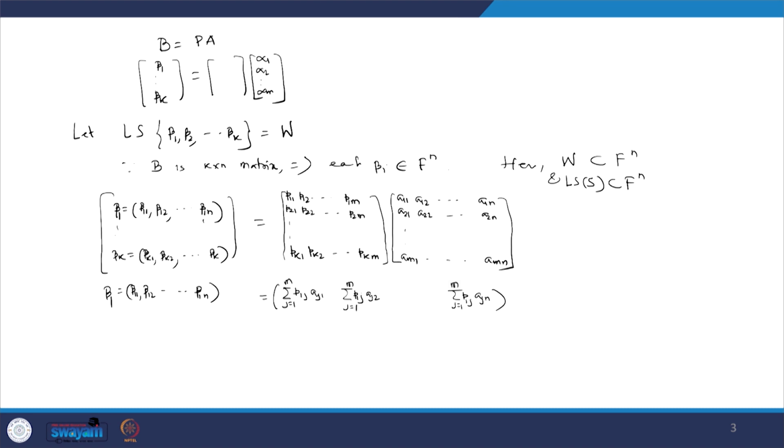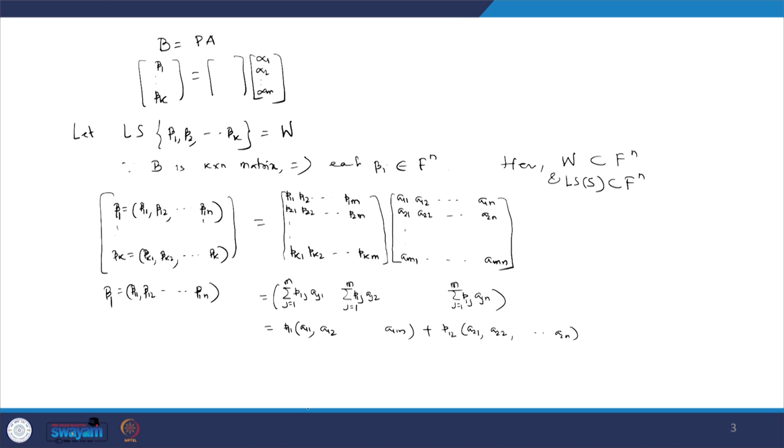So I can write this quantity in a compact form. P11 is common in the first term of each sum. If I take P11 common, I get A11, A12, up to A1n, that is alpha 1.